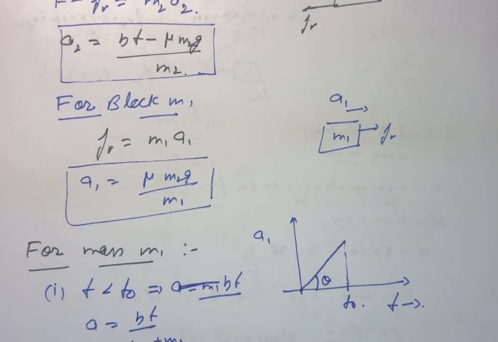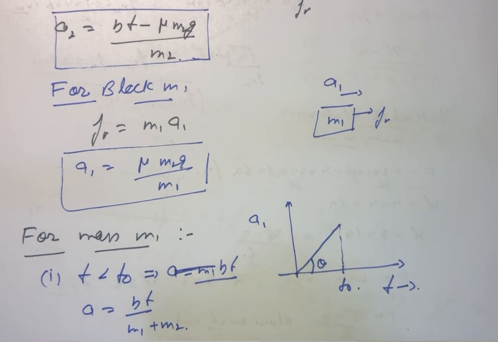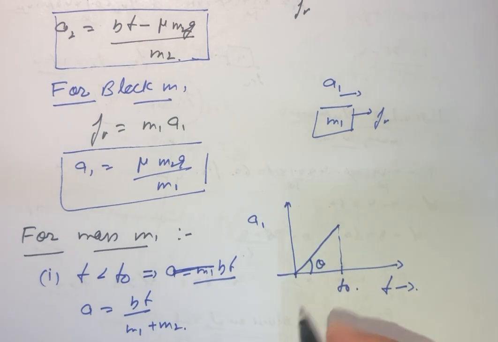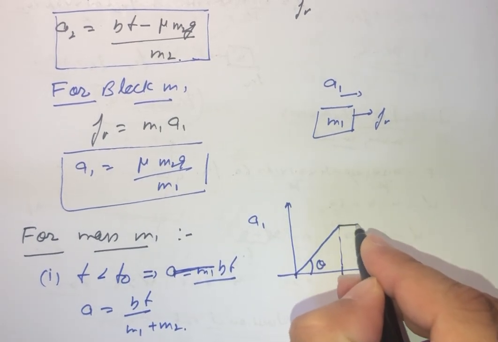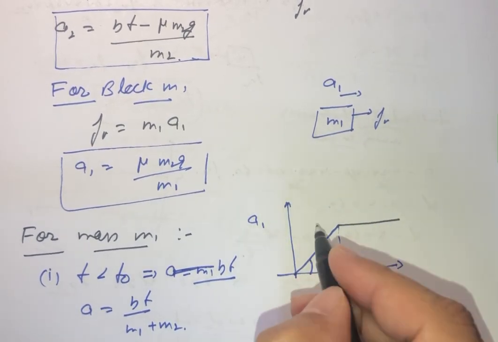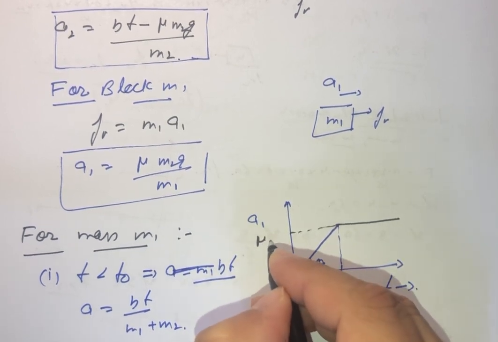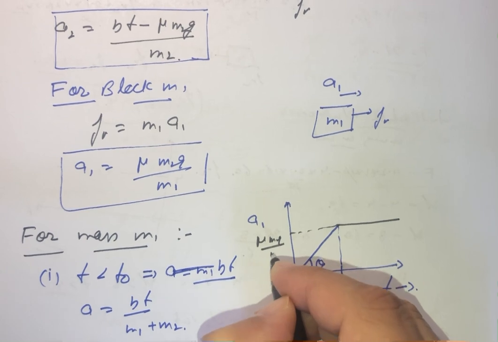And for the second case, for t greater than t naught, the acceleration is given as a1, and a1 is mu m2g upon m1, which is not time dependent, so this will be a constant. So this will be our acceleration a1, and this value will be given as mu m2g divided by m1.